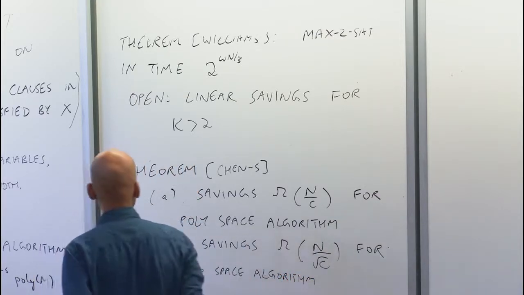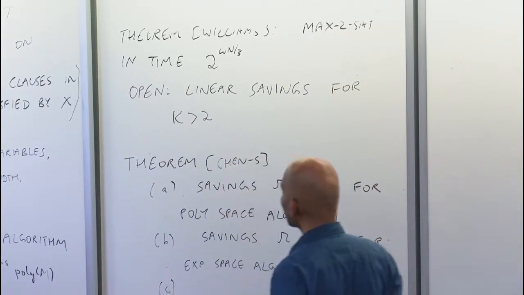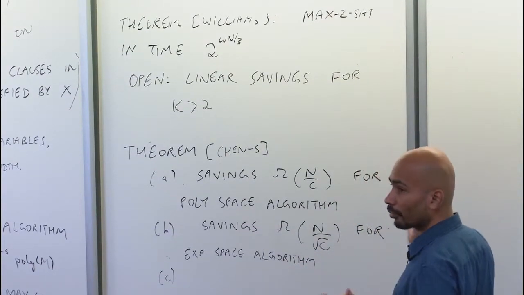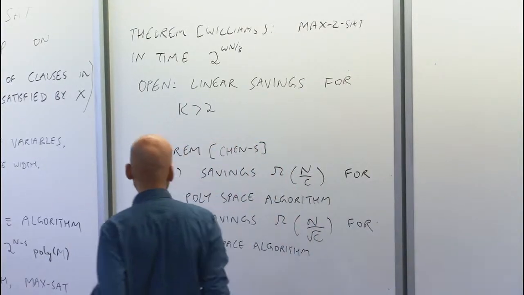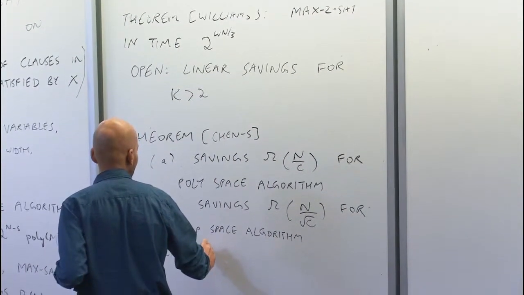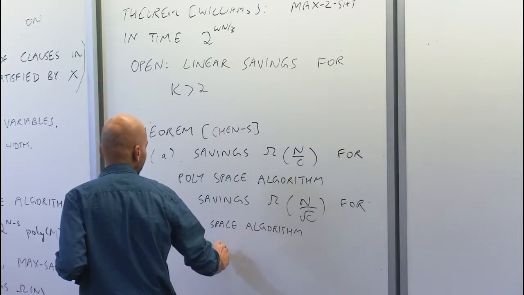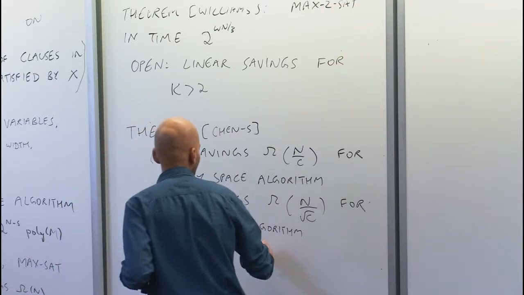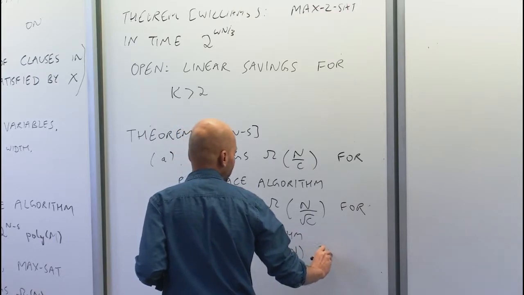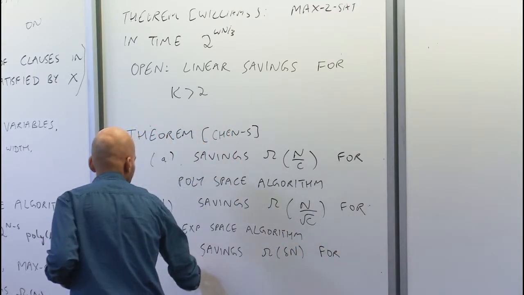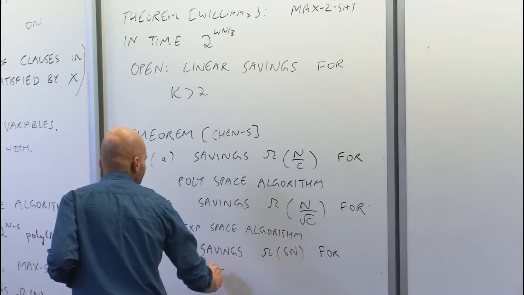And in general, if you have savings that's linear for k-sat, then we get improved savings for CNF sat with sparsity c. So savings omega of delta n for k-sat.